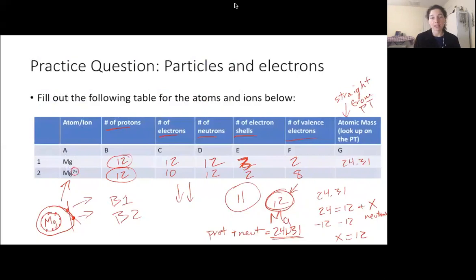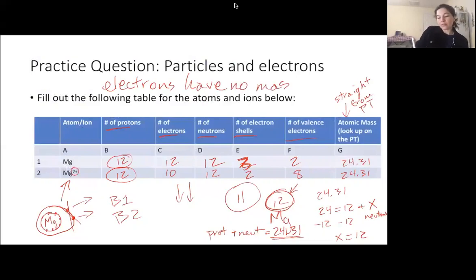It's achieved an octet by losing those 2 electrons. The atomic mass is still the same number because ions only involve electrons, and we know that electrons have no mass. And therefore, changing the electrons cannot change mass. So let me know if you have any questions on this.